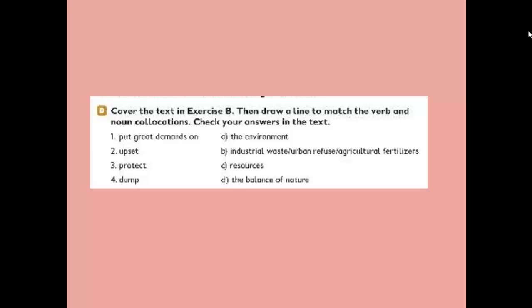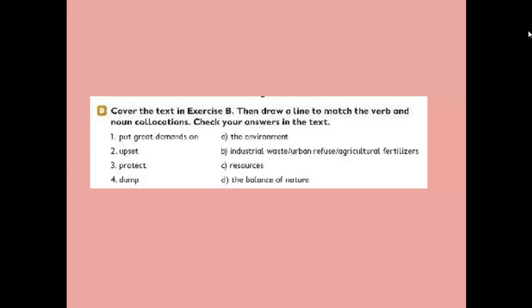The second column: the environment, industrial waste, urban refuse, agricultural fertilizers, resources, and then the balance of nature. We have to match between the first and the second columns. Number 1. Put great demands on resources.